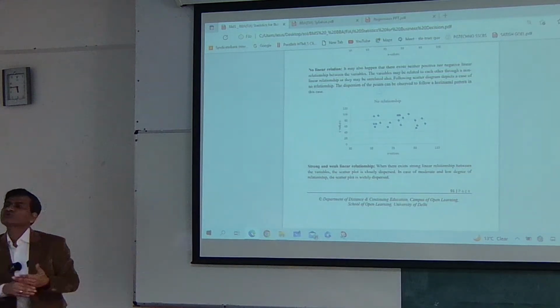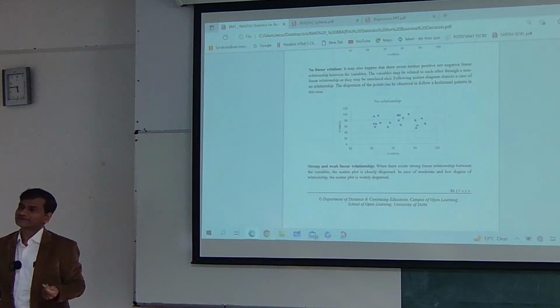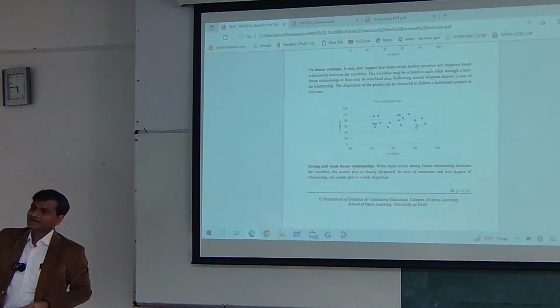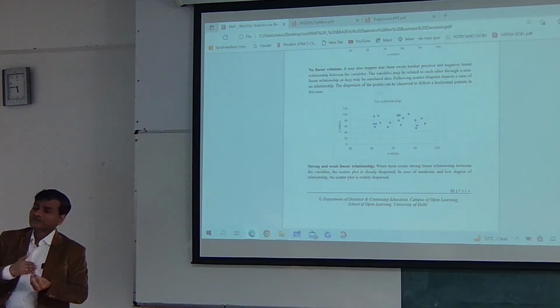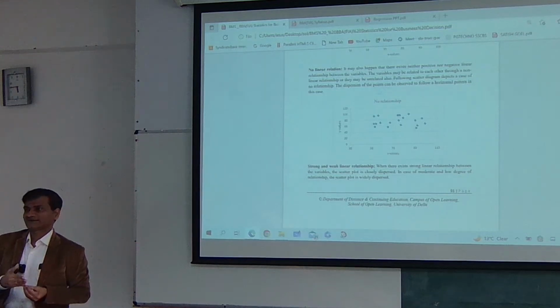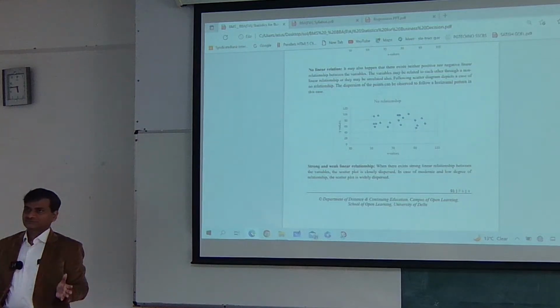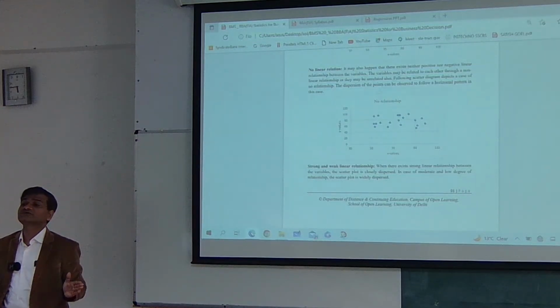You can say there is no relationship between the two variables. Taking some value of x, y is not responding, so you can say both variables are unrelated. There is no relationship between the two variables.